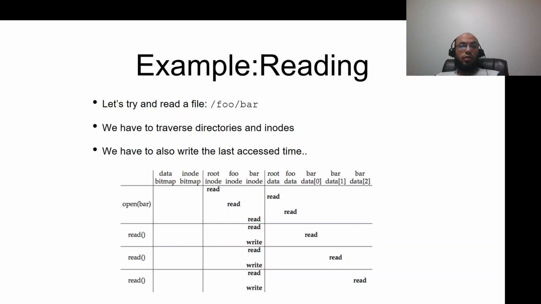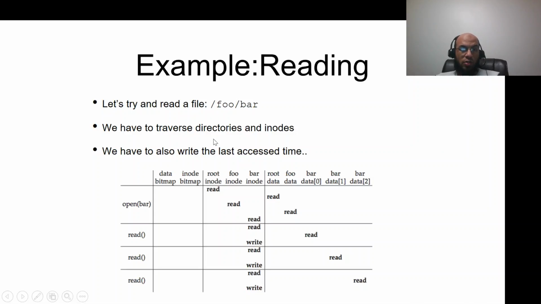So let us try to read a file /foo/bar. You have to traverse the directories and inodes. So we have also to write the last access time. If you're opening bar, you go from the root inode, then you go to the foo inode, and then you go to the bar inode, because this is /foo/bar.